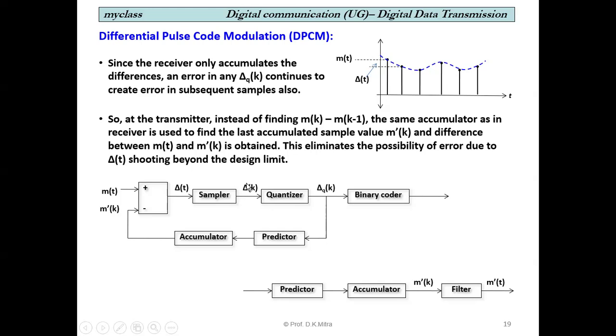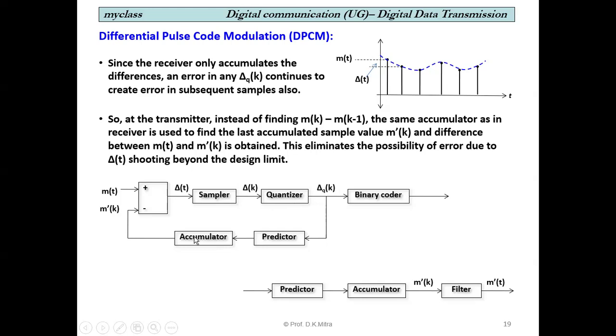After sampling, it becomes quantized del k. Then after the quantizer, it becomes del qk. And then the binary coder creates the binary signal. When the del qk has been obtained, this value goes to the predictor and then to the accumulator.